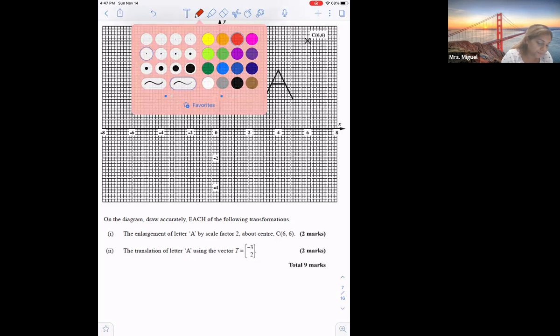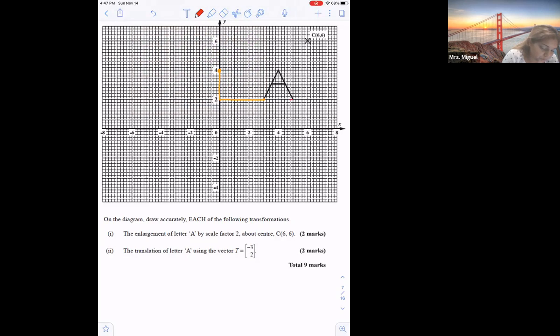The second one now, this is moving 1 space, 2 spaces, 3 spaces. Then I am moving 1 space, 2 spaces upward. That is the end of my A, right? Then in another color now, we move in 1 space, 2 spaces, 3 spaces, and 1 space up, 2 space up. So therefore, my letter A would look like this.